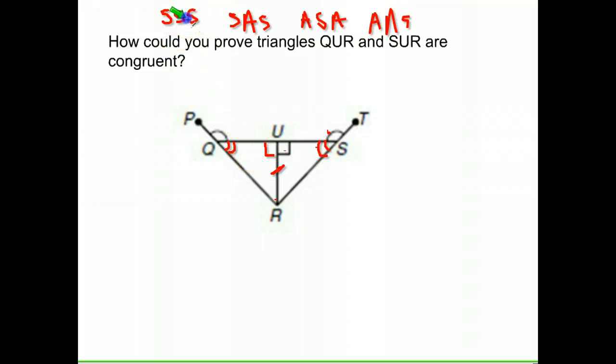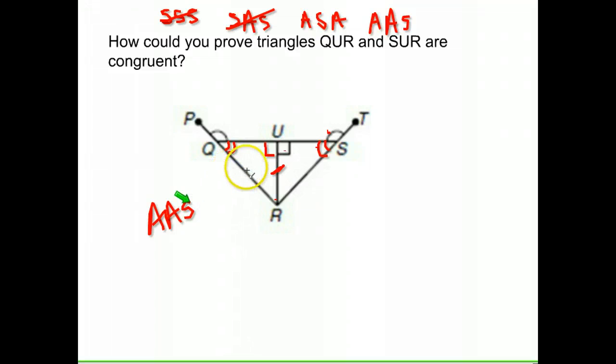Still I can't use SSS or SAS. I don't have enough sides, and I'm not going to be able to find enough sides. But I do have two angles. Is it ASA or AAS that I'm working with? Notice I have an angle followed by a side, congruent to an angle followed by a side. So AAS works.